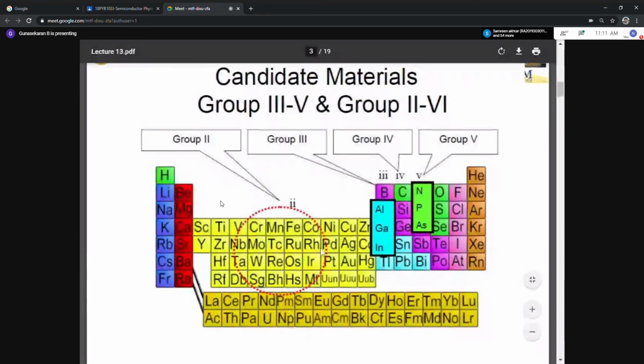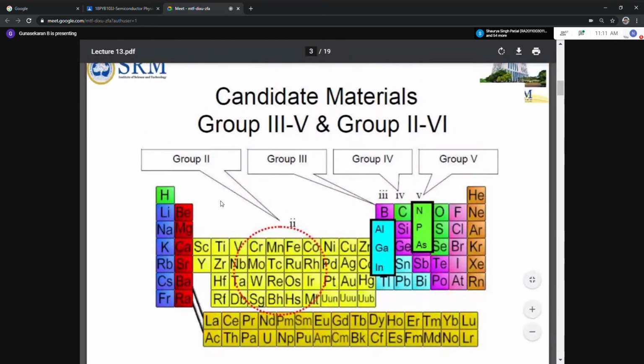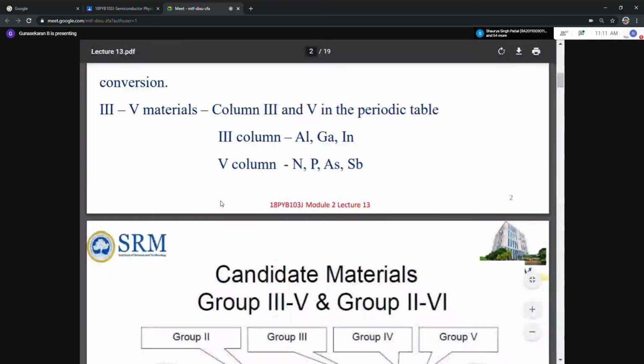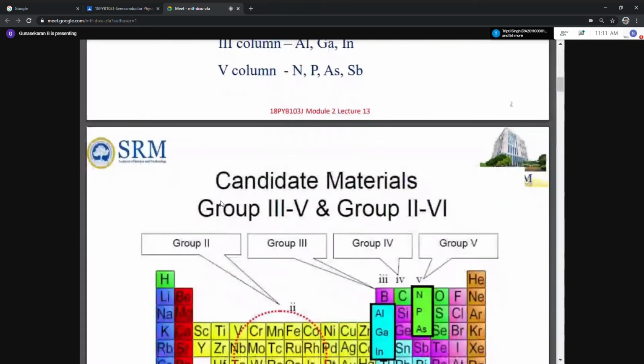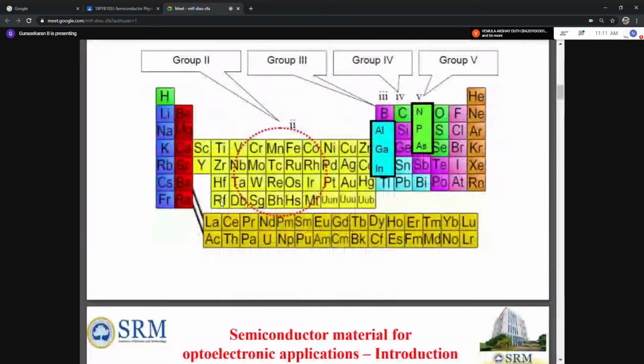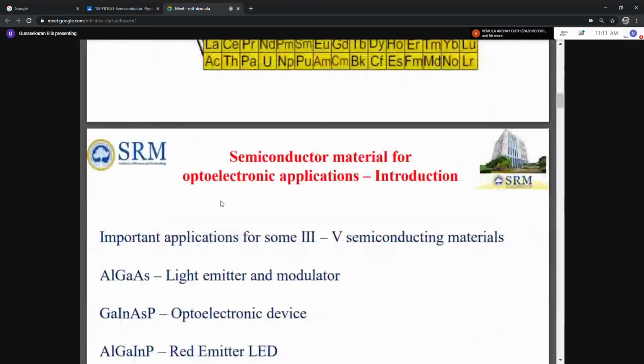Except germanium and silicon, all other materials are used for optoelectronic applications. Now see one by one the name of the devices and which material they use, and just remember them.